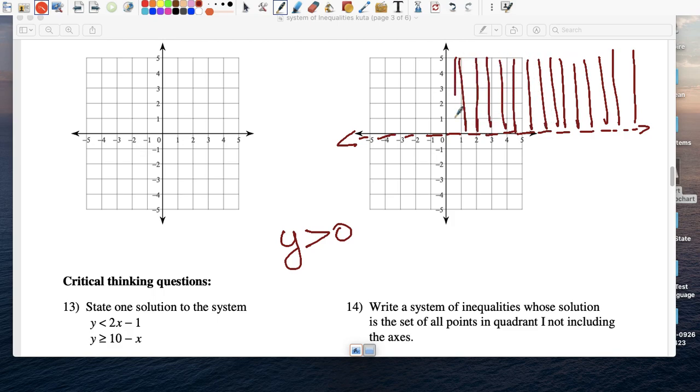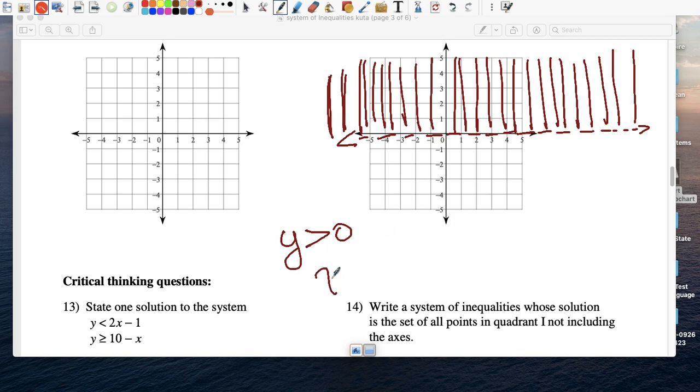Right? So I'm not done yet because I need another inequality. And my other inequality is going to be x greater than 0. So let me try. Sorry. Now, if you had x greater than 0, well, on the x-axis, if you go to 0, you would do a dash line, right? Dash, dash, dash.